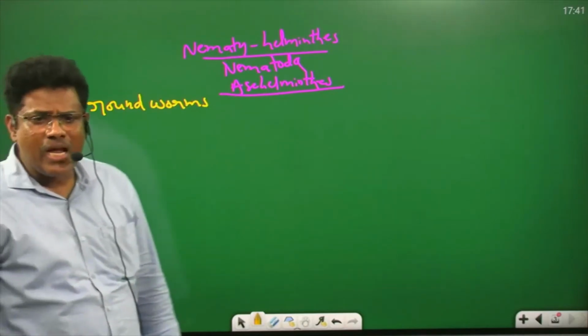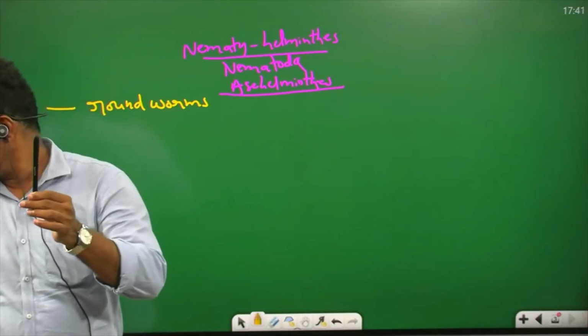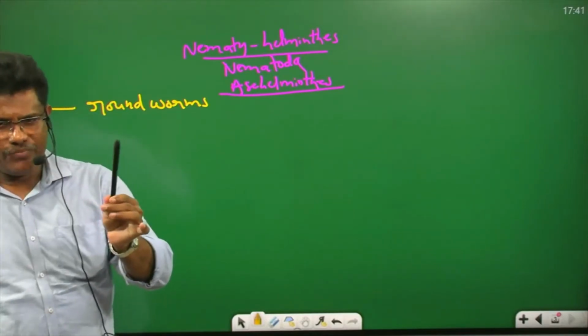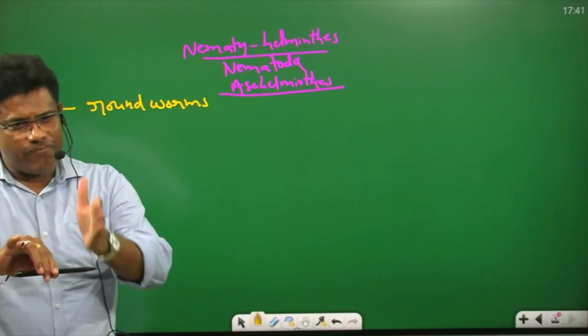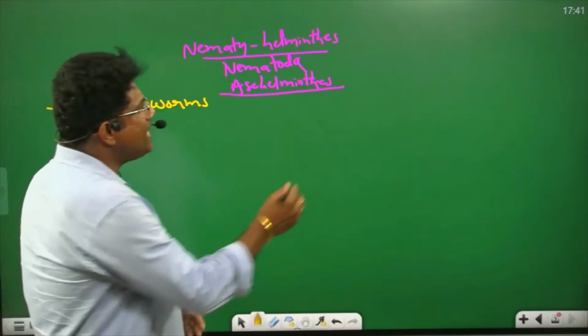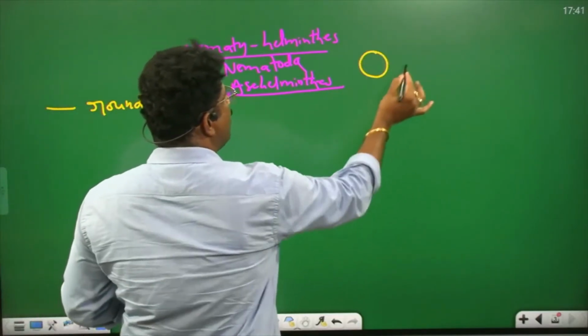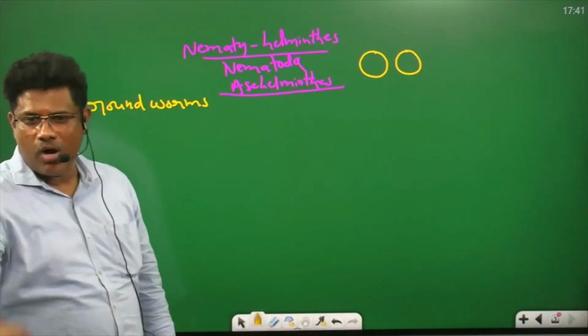What is the meaning of roundworms? Their body is a round shape. If you cut the body transversely, it will give round pieces. So this is called roundworms.